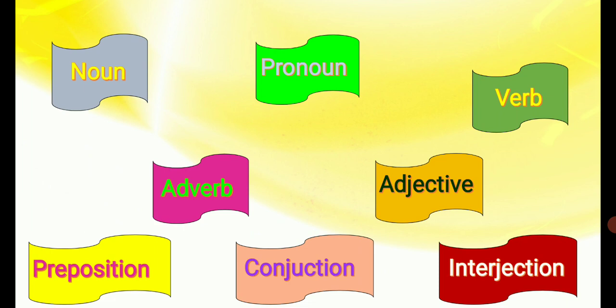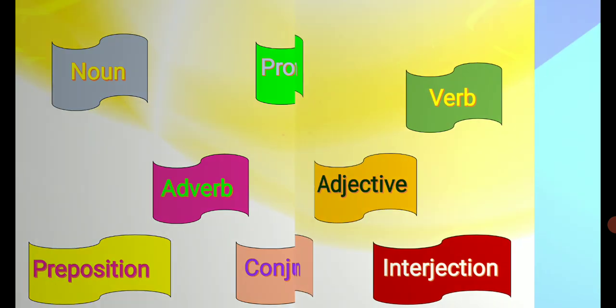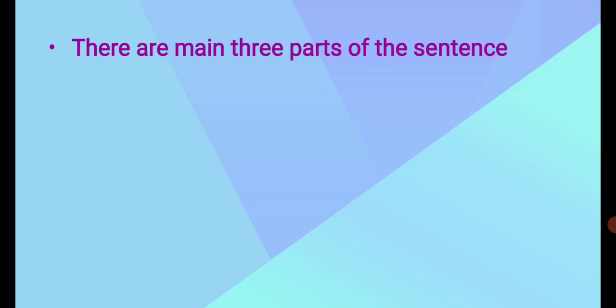Just remember these 8 parts of speech, and we already know that the verb is a very necessary part of the sentence. It is the most important part of the sentence. Please note that. Do you remember how many parts of the sentence there are?